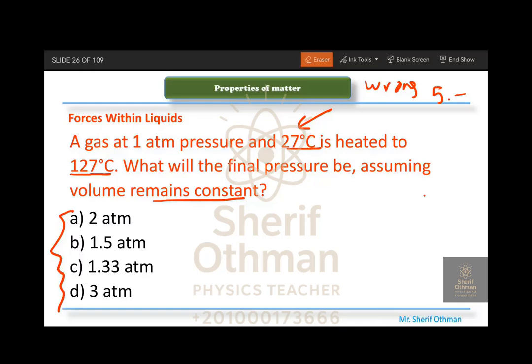Let's solve the problem after converting 27 and 127 in Celsius to Kelvin. Here it will be 300 Kelvin, and here will be 400 Kelvin, by adding 273 to convert from Celsius to Kelvin. Write the rule first: P1 over T1 equals P2 over T2.